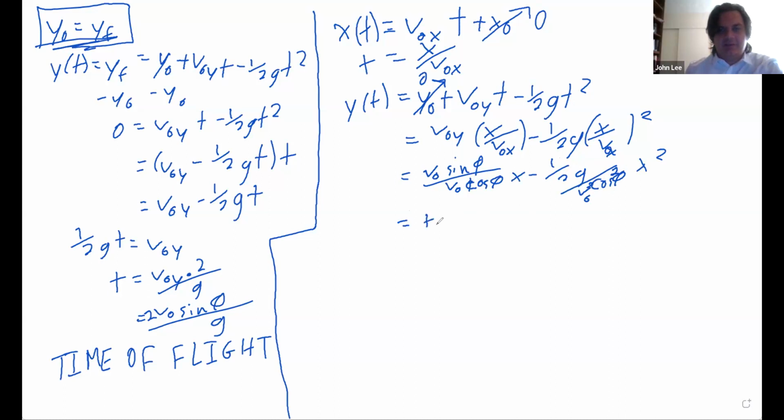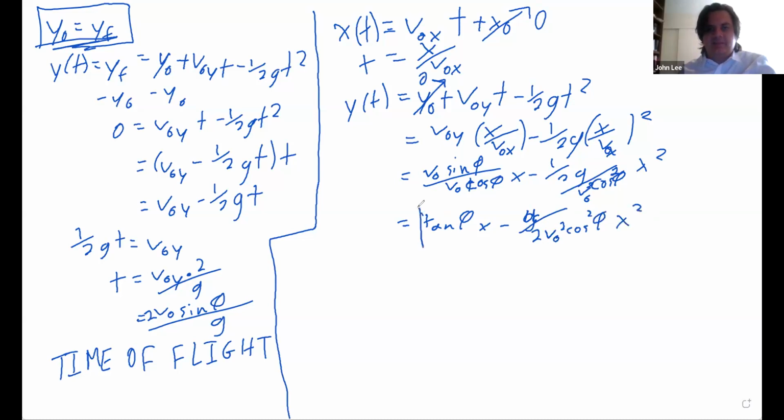So this is going to be equal to tangent of phi x minus g over 2 v naught squared cosine squared phi times x squared.